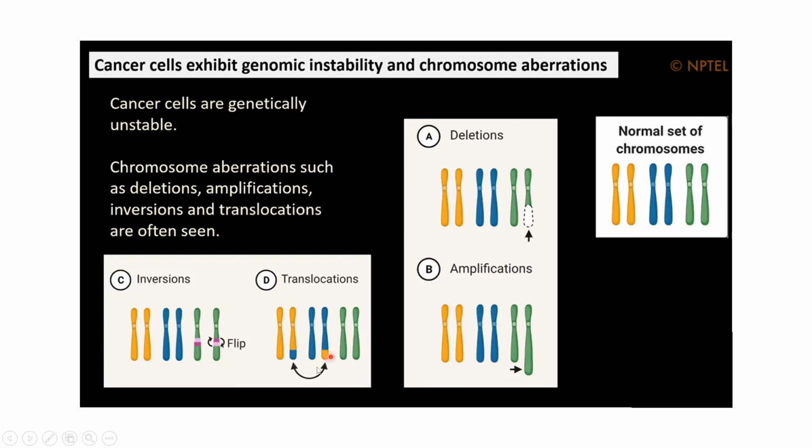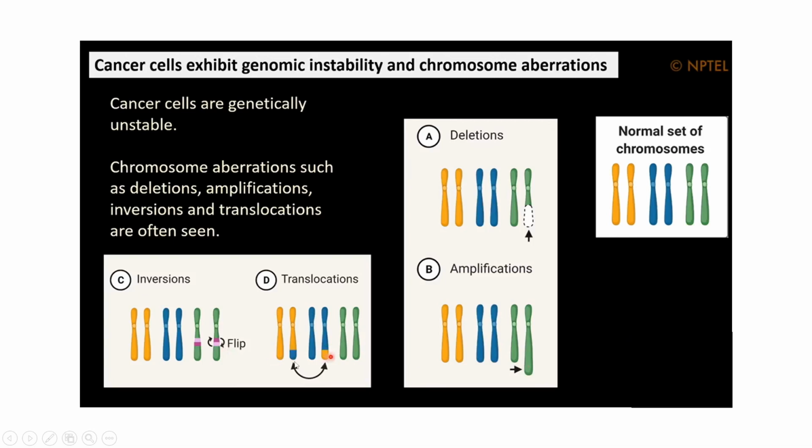For example, in translocation, a certain portion of a chromosome is translocated to another chromosome, and then the genes encoded by that chromosome become non-functional, or they will be irregularly activated. So that is how it promotes cancer cell development.